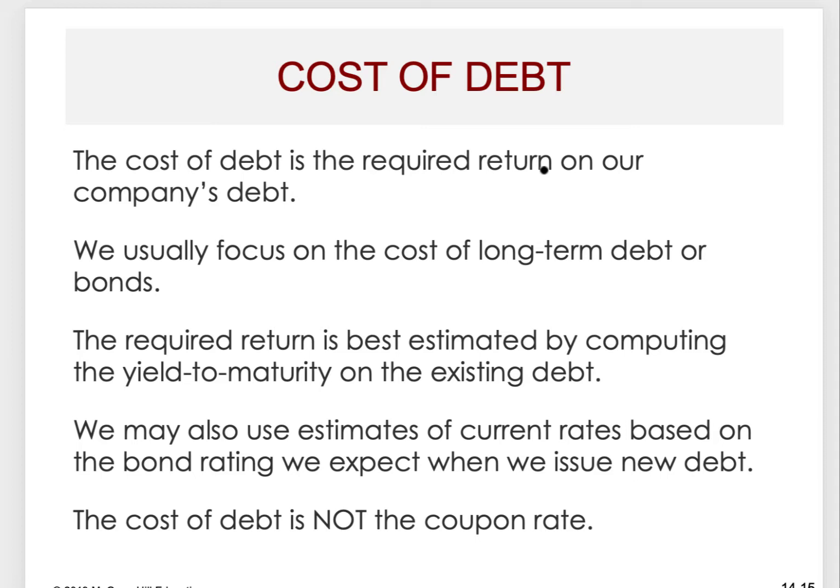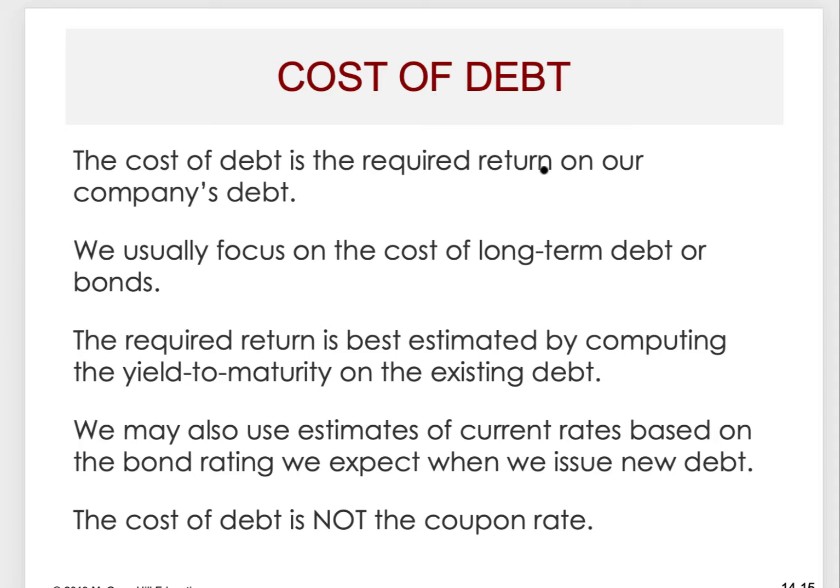However, now we are interested in the rate we would have to pay on newly issued debt. So there could be a difference between the coupon rate and what we have to pay now on a newly issued rate. If you notice the last slide, it's very important we understand this. The cost of debt is not the coupon rate.